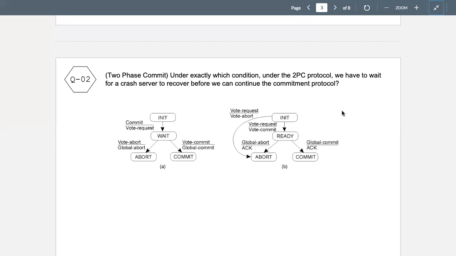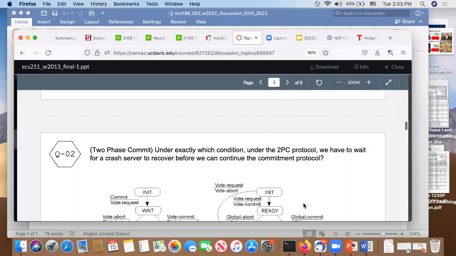Okay. Should I go further? Yeah. Can you review the other conditions and how you solve them? Okay, sure. Let me bring up my slide.